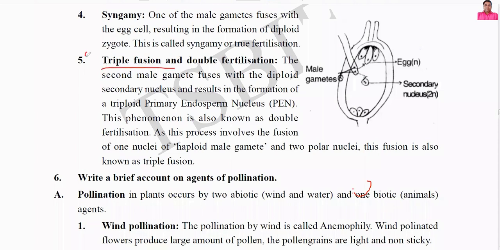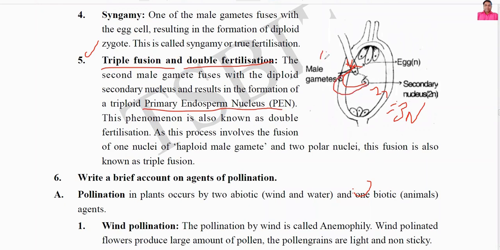The fifth point: triple fusion and double fertilization. The second male daughter nucleus fuses with the secondary nucleus. The secondary nucleus is diploid, 2n, so haploid plus diploid equals 3n. It is called PEN, primary endospermic nucleus.